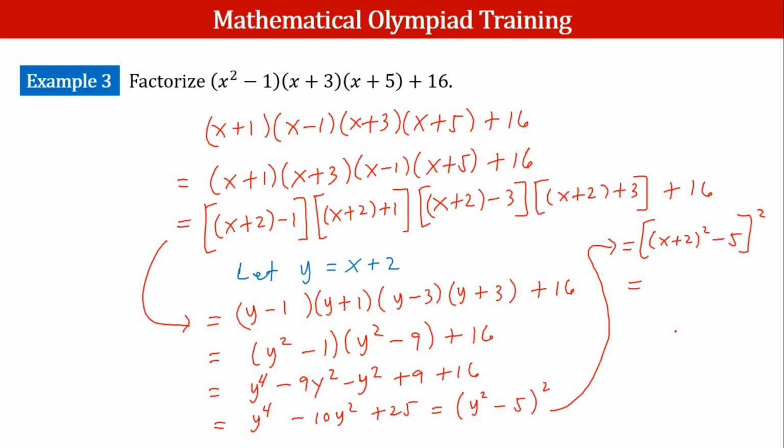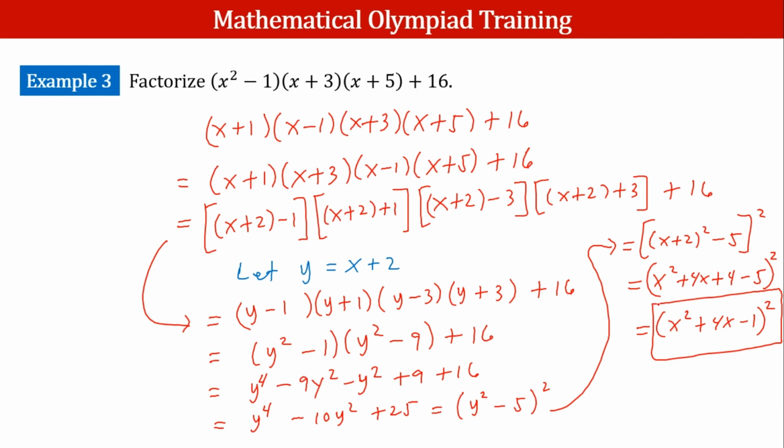Alright? So we have x squared plus 4x plus 4 minus 5 squared, and finally the answer is x squared plus 4x. This is going to be negative 1, right? So the final answer is x squared plus 4x minus 1 whole squared. So that's the factored form.